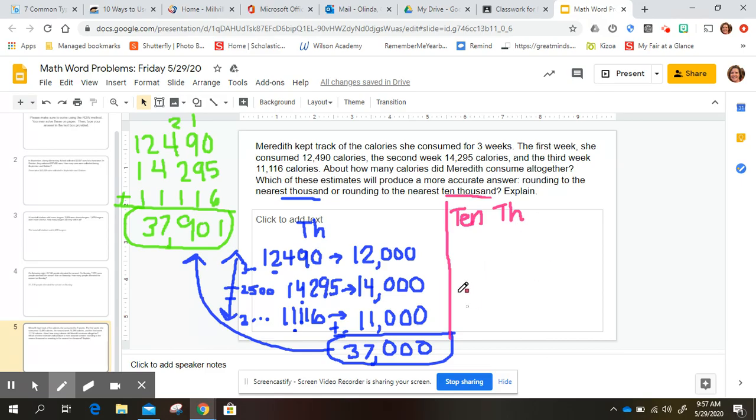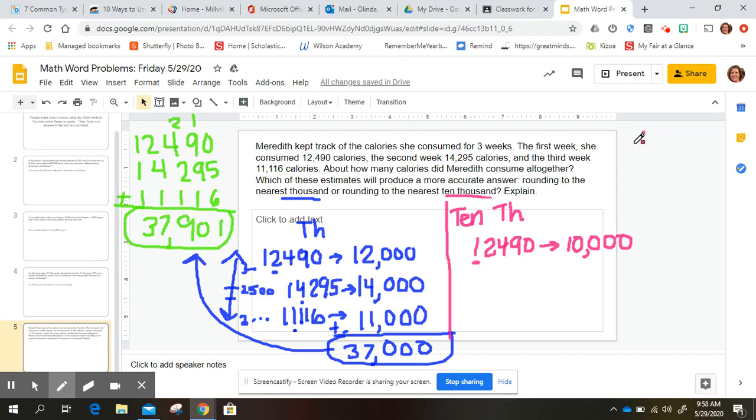So I'm taking a look again at the same numbers, 12,490. And now I need to round to the nearest 10,000. The 1 is in the 10,000 spot, so it's going to be between 10,000 and 20,000. Is 12,000 closer to 10,000, or is it closer to 20,000? And 12 is closer to 10 than it is to 20, so this will round to 10,000.